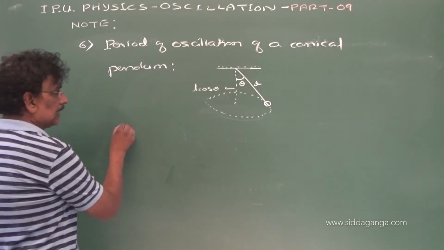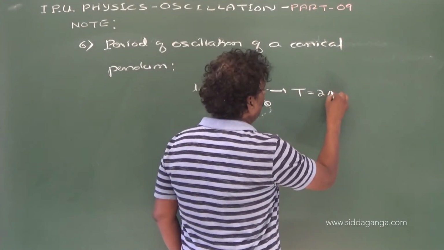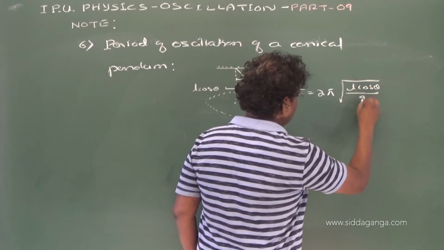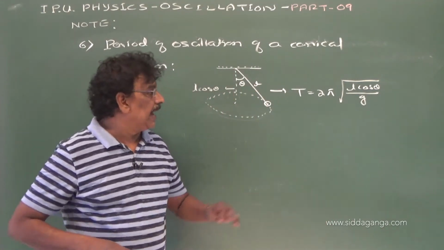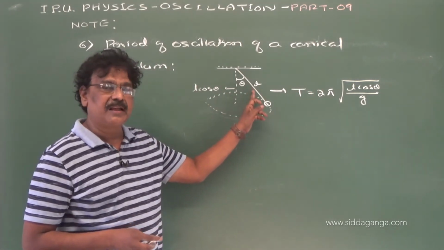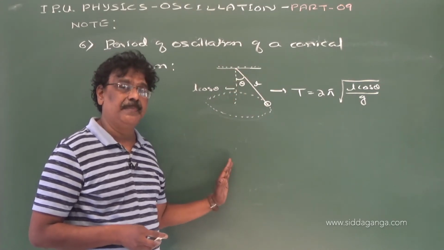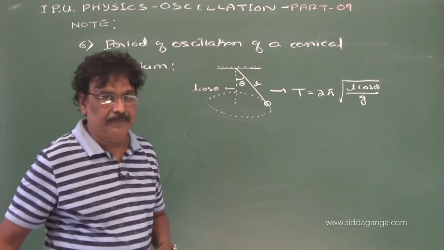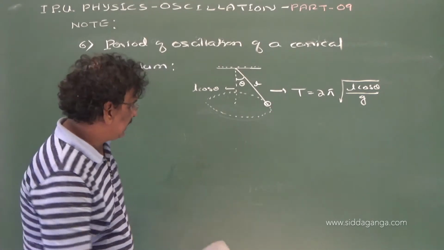In this case, the period T is equal to 2 pi into square root of L cos theta by g, where L is the original length of the pendulum and theta is the angle made by the string of the pendulum with the vertical, and L cos theta is the effective length of the pendulum here.